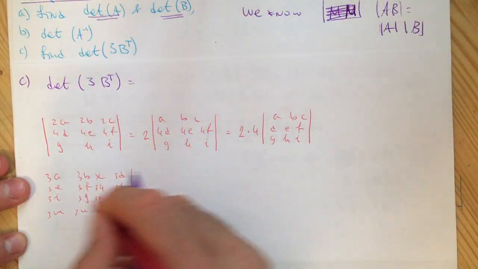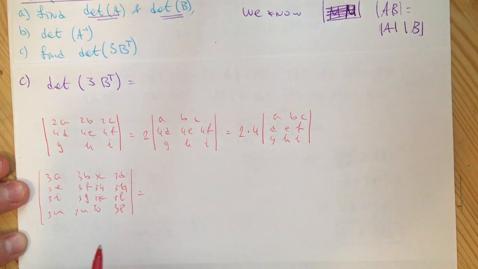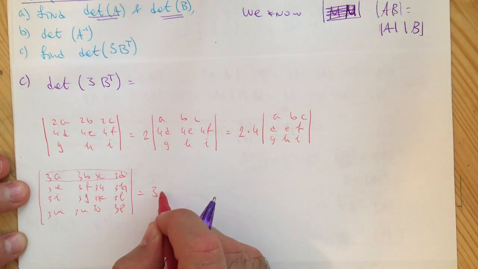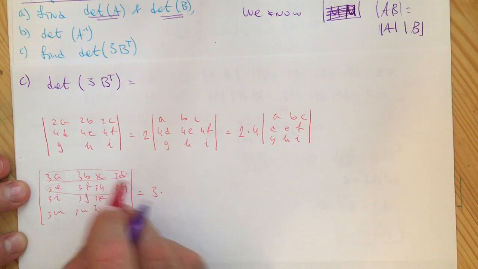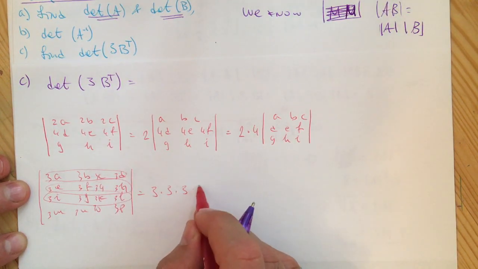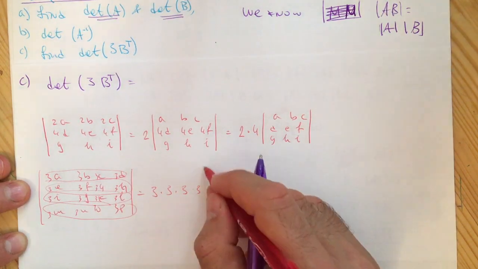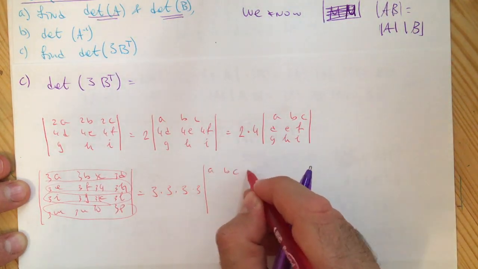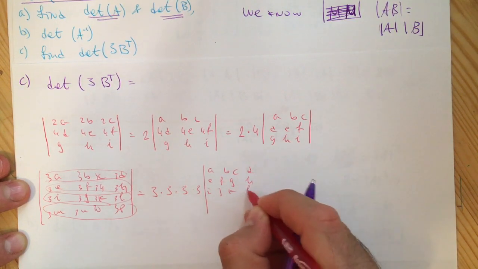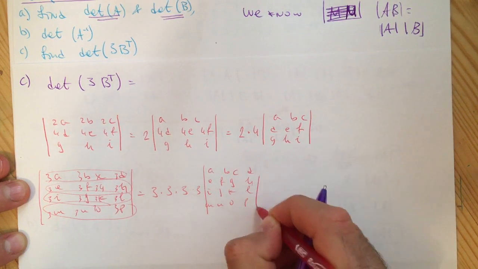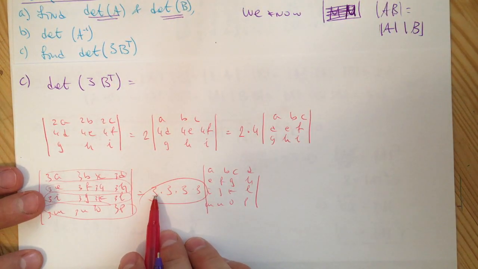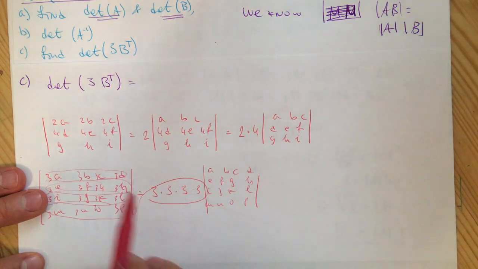And when I'm going to take the determinant here, I have to factor out 3 from each row, times 3 from the second row, times 3 from the third row, times 3 from the last row. And then I have this matrix A, B, C, D, E, F, G, H, I, J, K, L, M, N, O, P. But the fact is that I have here 3 to the power of 4.